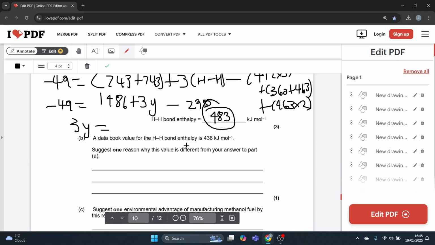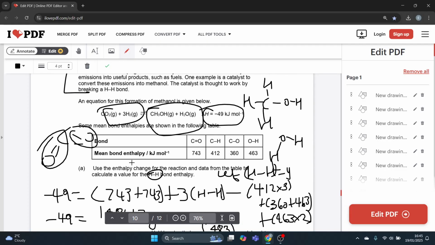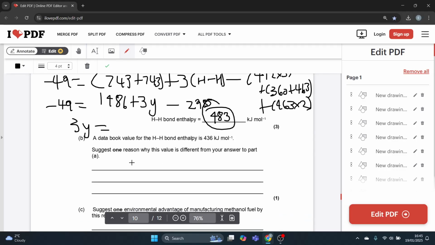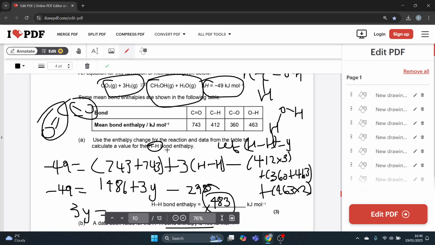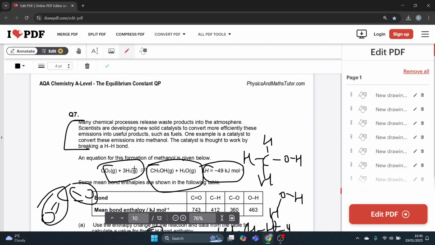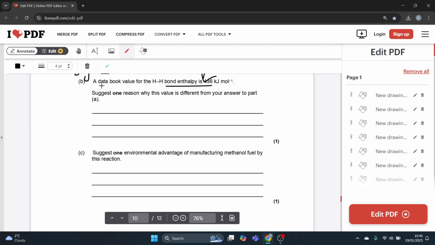Part B says the data book value is this. Suggest one reason why this value is different from your answer to part A. So this data book value is clearly lower. Why? Well, this is bond enthalpy, and we'll work in this case with mean bond enthalpies.